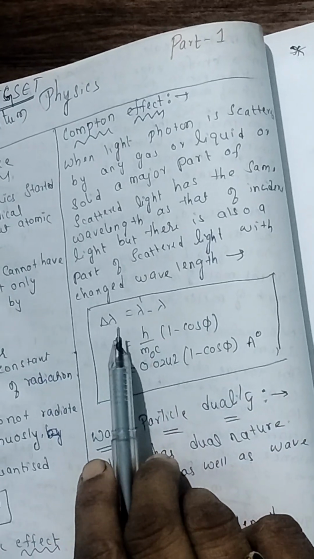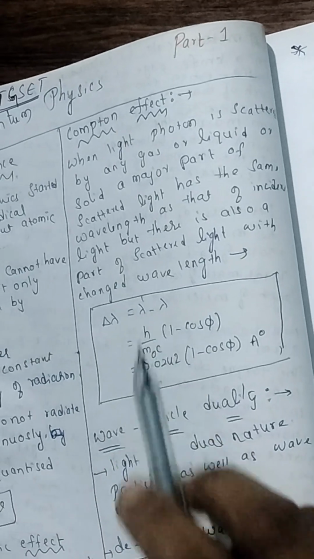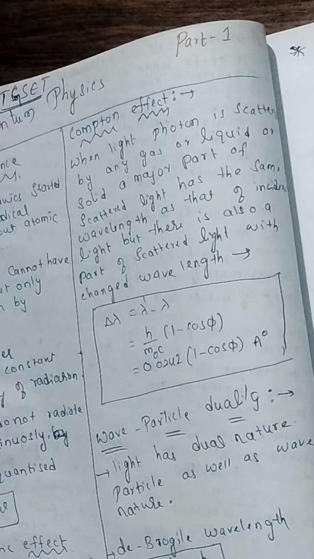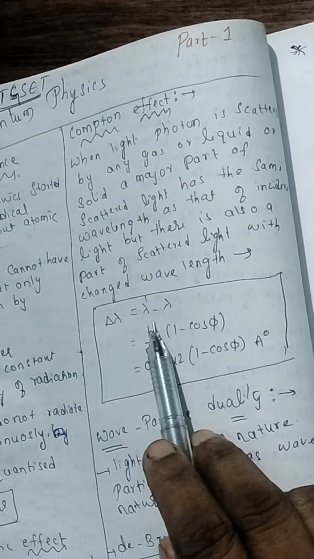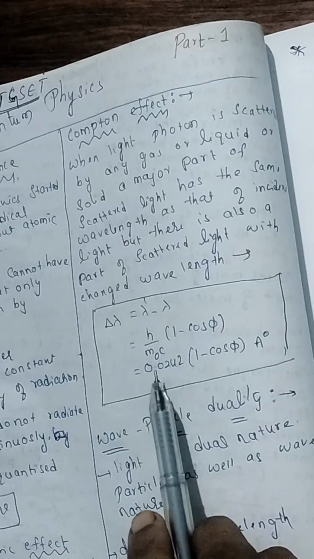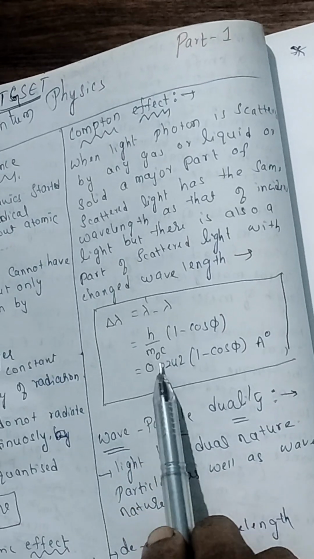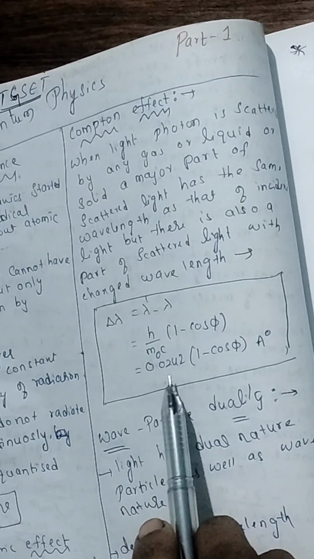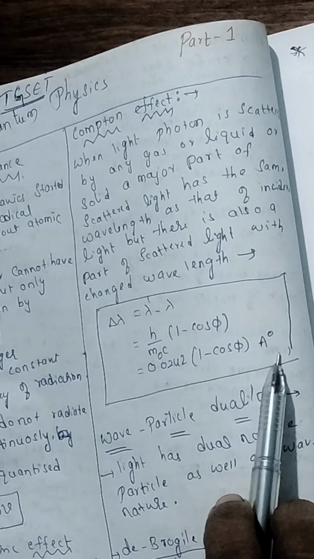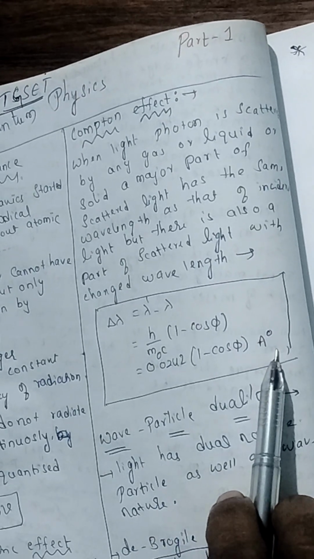That change in wavelength we write as lambda dash minus lambda, delta lambda, which is equal to h by m naught c into 1 minus cos phi. The value of h by m naught c is 0.0242, so delta lambda is 0.0242 into 1 minus cos phi angstrom units, right?